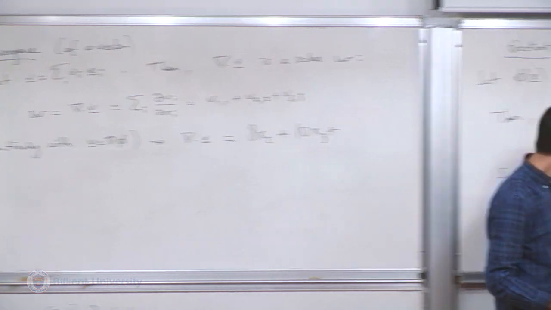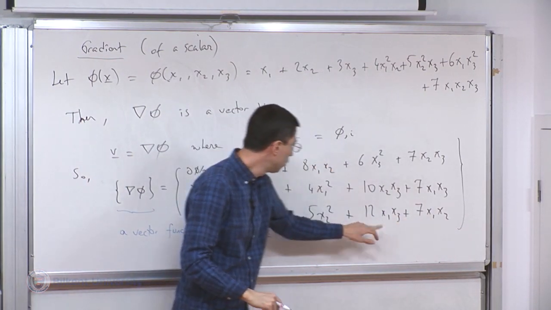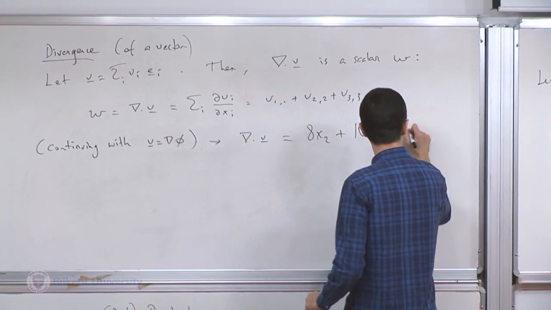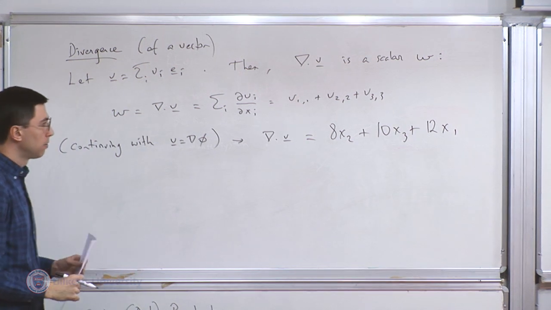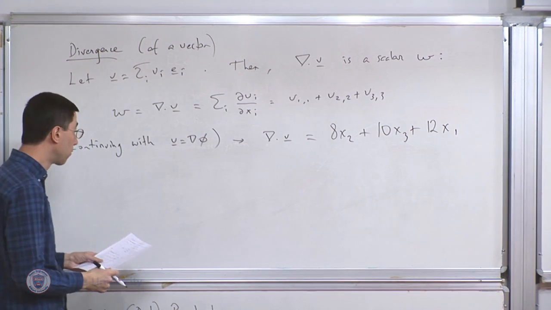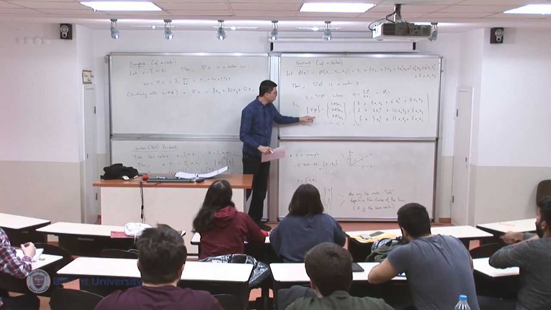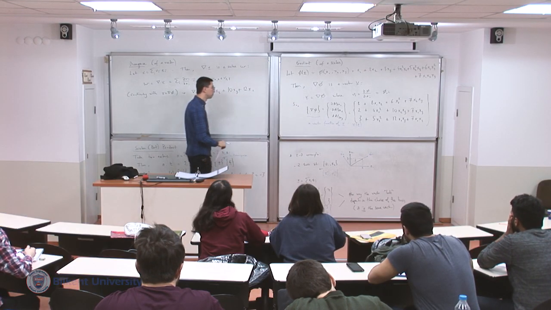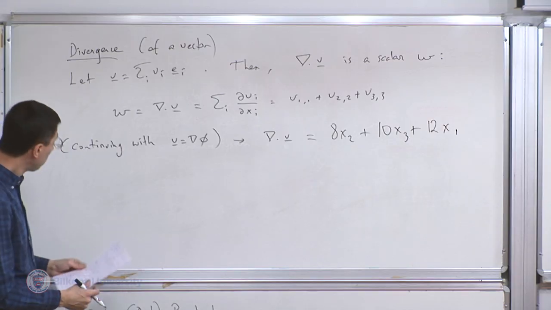And then the derivative of the third component with respect to x3: 0, 0, 0, 12x1. Okay, so that would be the divergence of the vector that I chose, just as an example. All right.